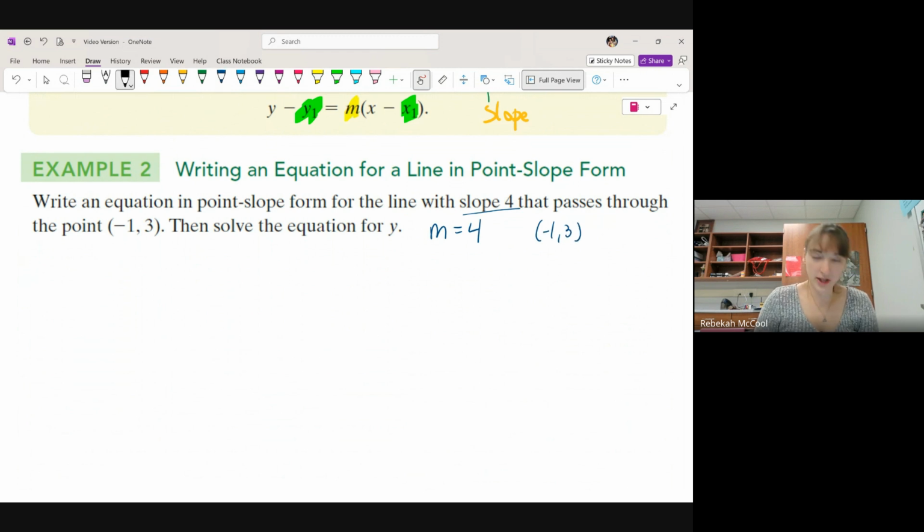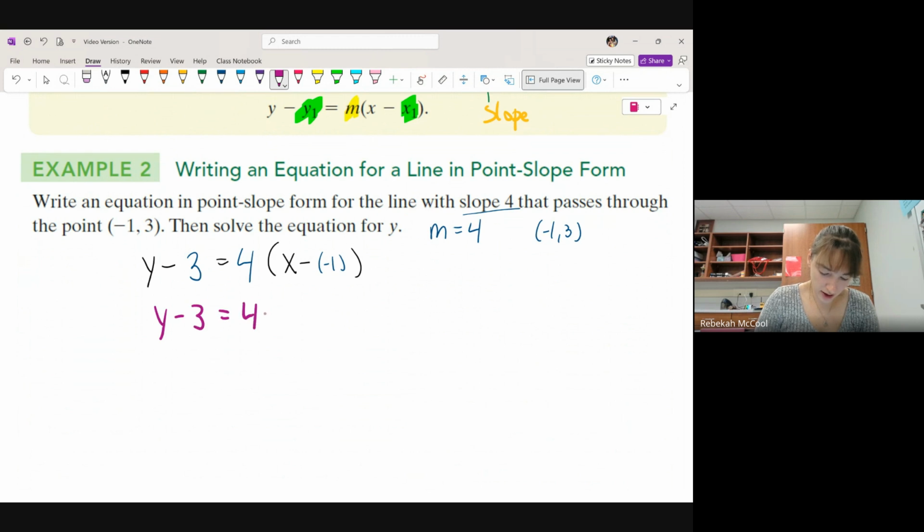Following my rule, I do y minus y sub 1, which is my y coordinate of 3, is equal to m, which is 4, times the quantity x minus x sub 1, and my x sub 1 coordinate here is -1. So this becomes y minus 3 equals 4 times x minus -1, which is the same thing as x plus 1.